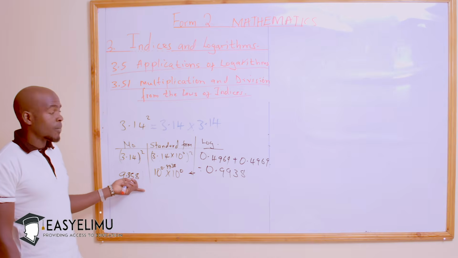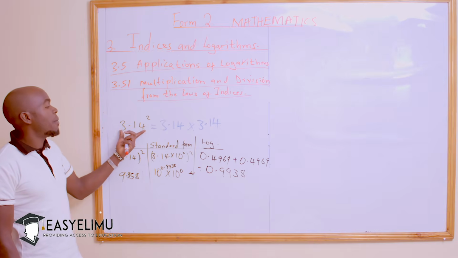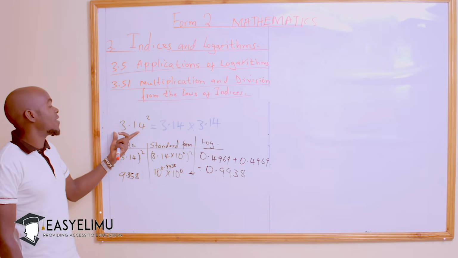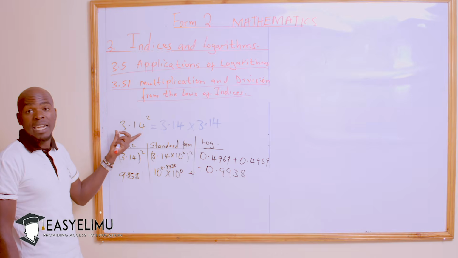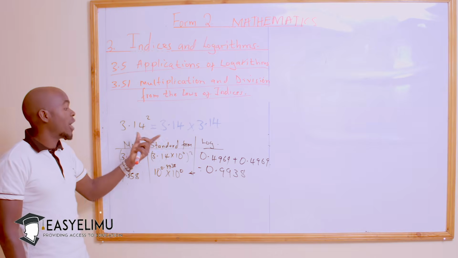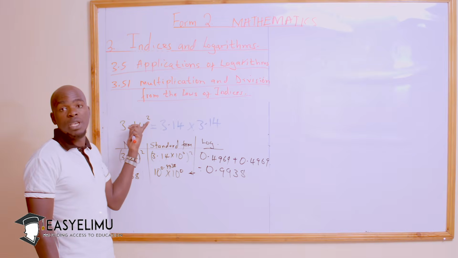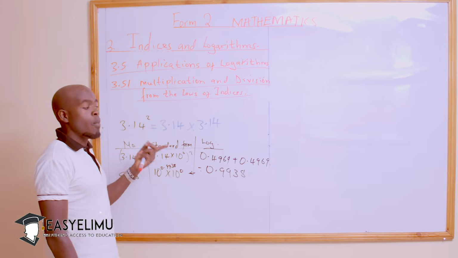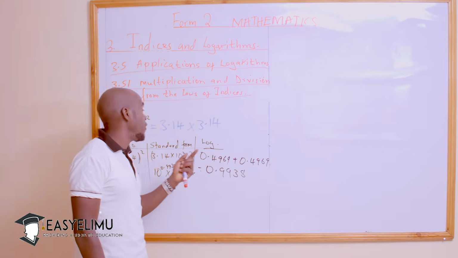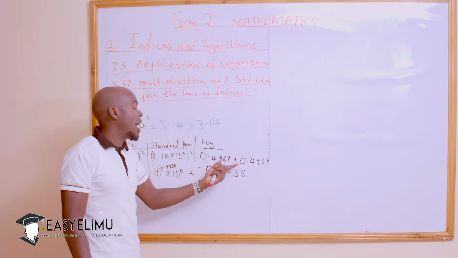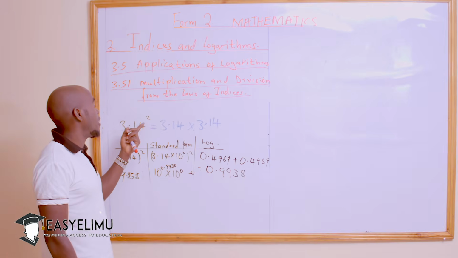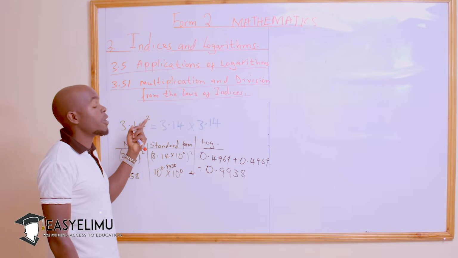My point was this: in case you have a number being squared, it's just the same as finding the logarithm of that number. After finding the logarithm, you multiply by the power to which it is being raised. If it is 2, multiply by 2. If it is 3, multiply by 3. If it is the fourth power, you have to raise to power 4.